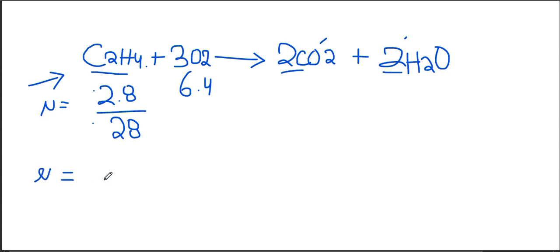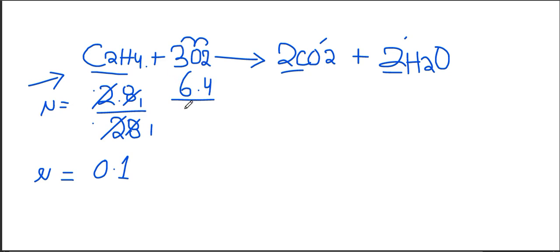Probably if I calculate that, it is 0.1. Again, I have just calculated it by mental maths. That is 0.1 moles of ethene. And on the other hand, for oxygen, if I divide by its molar mass, we can simply say it is 2 multiplied by 16, which gives me 32.